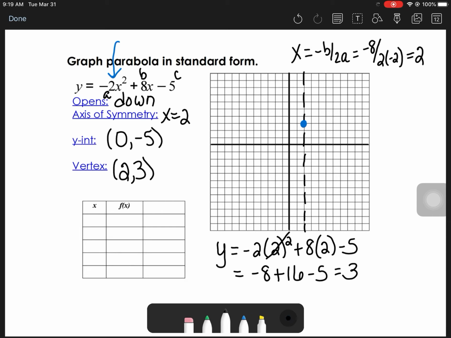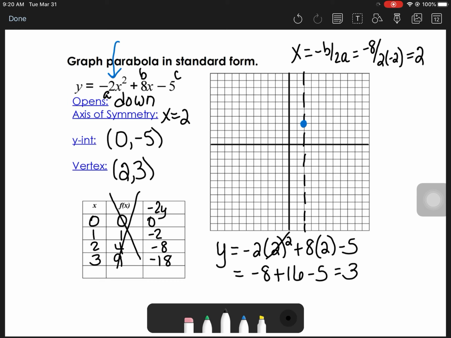We're going to do our parent function table. Then the second column will be the values squared. And this time, since the leading coefficient is negative 2, we're going to multiply the middle column by negative 2, which will flip our parabola, and it will also stretch it. It will make it taller and more narrow.